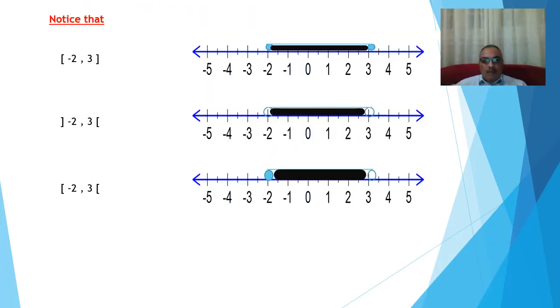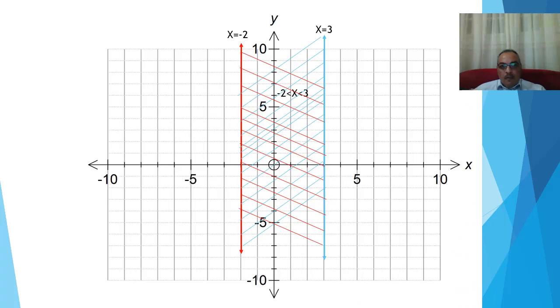Note that the interval from -2 to 3, closed at -2 and closed at 3, is represented by a number line, and the interval opened at -2 and opened at 3, or semi-closed. We use this for what? When we draw x equal -2, we draw a vertical line from -2.